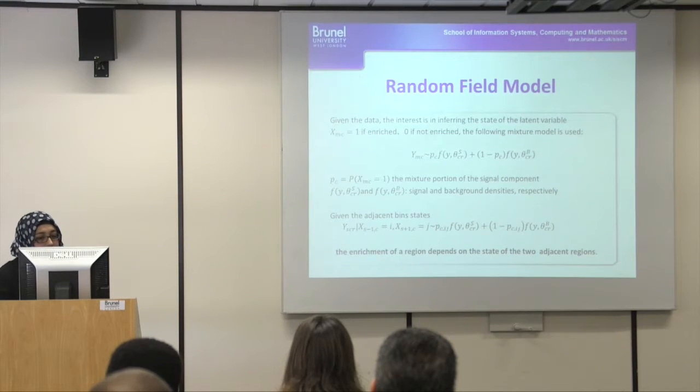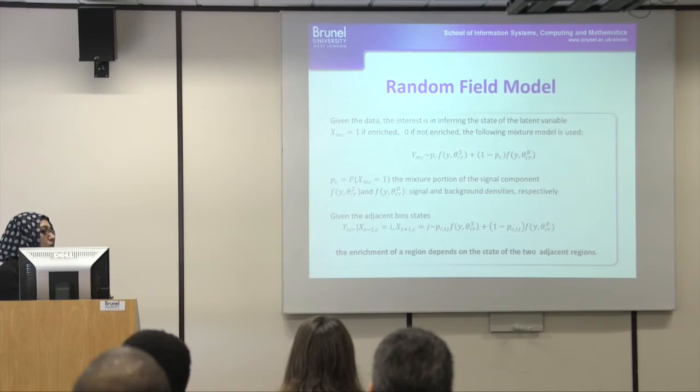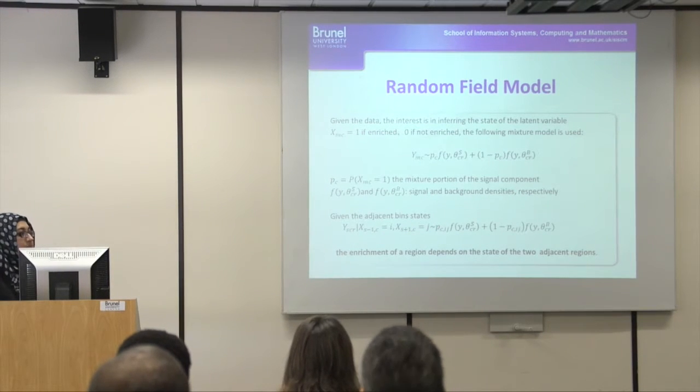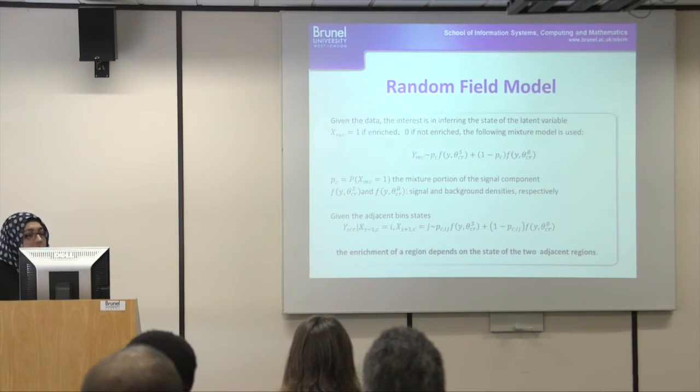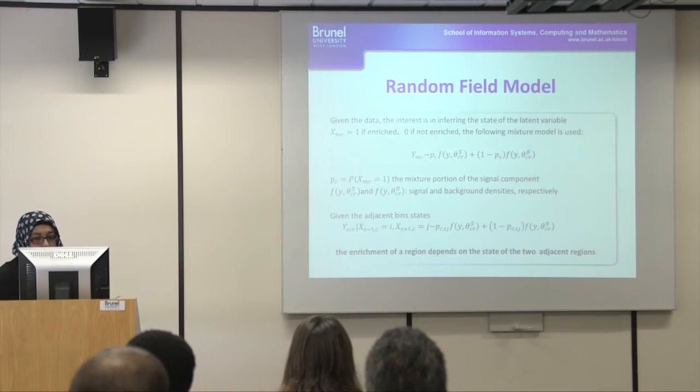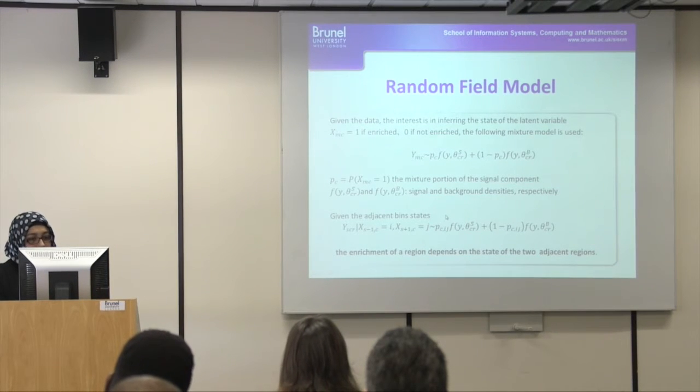For example, for the m-th bin, it also looks at the m minus 1 bin and the m plus 1 bin as well. So it is incorporated into the algorithm so that each probability will look into the probability of the adjacent bins. This is how the spatial dependency is taken into consideration in the model.